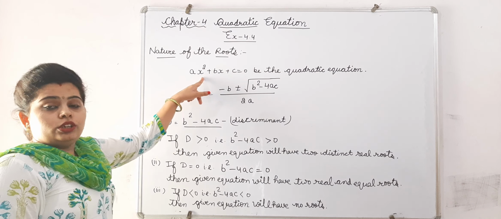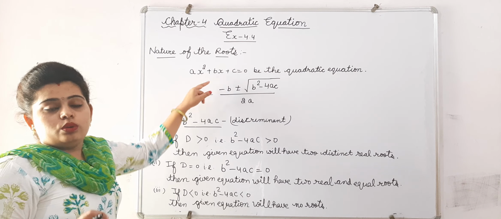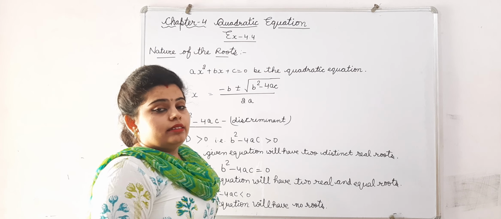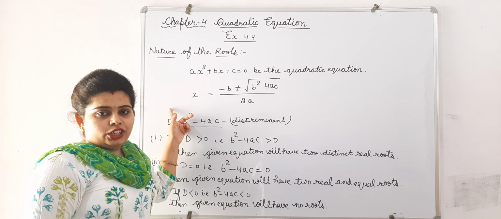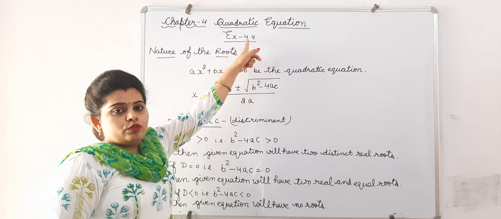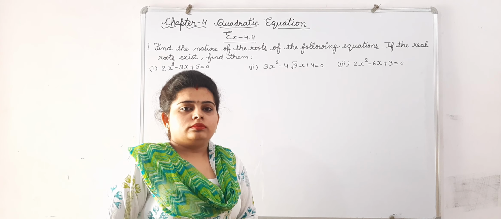Means this equation will not have any roots, or roots will not exist. This is the condition of nature of roots. Depending on these conditions, we will do our exercise 4.4.